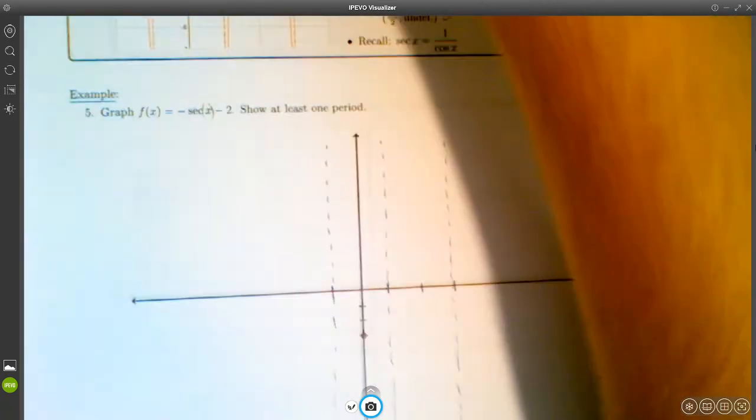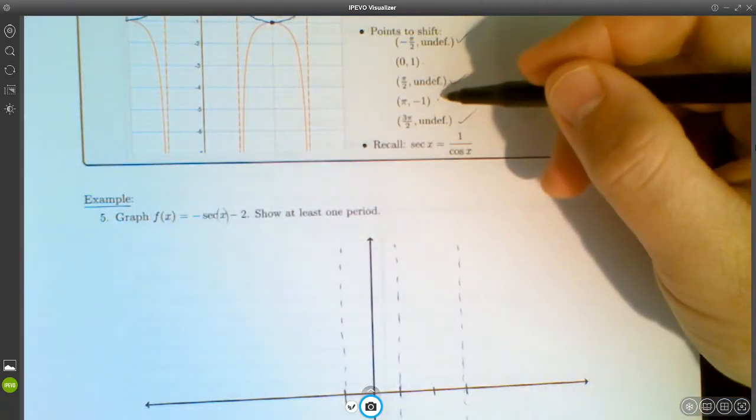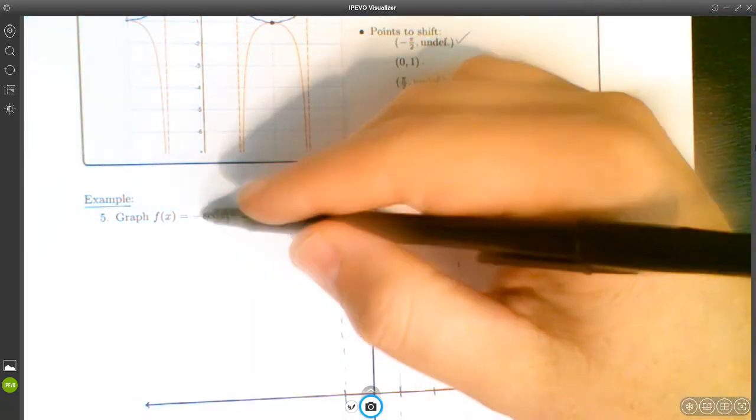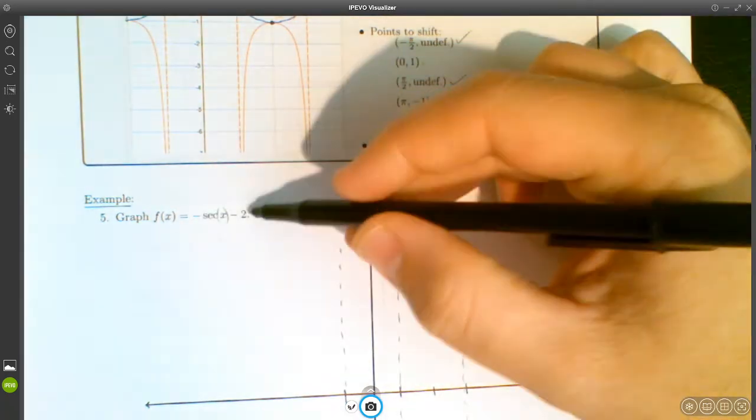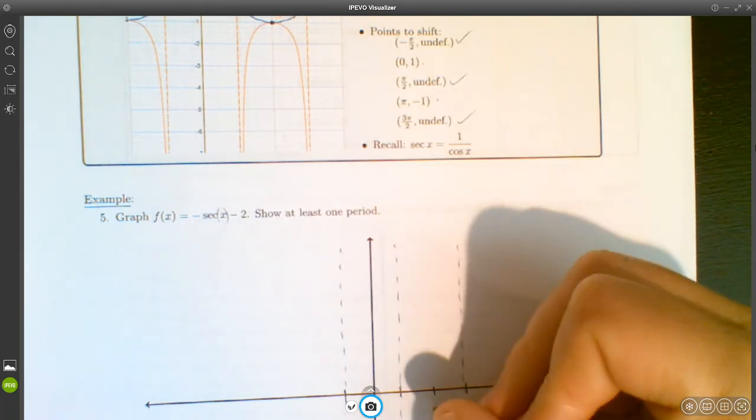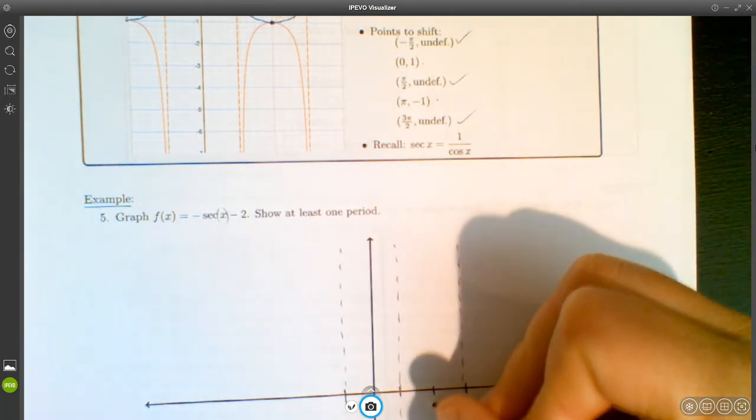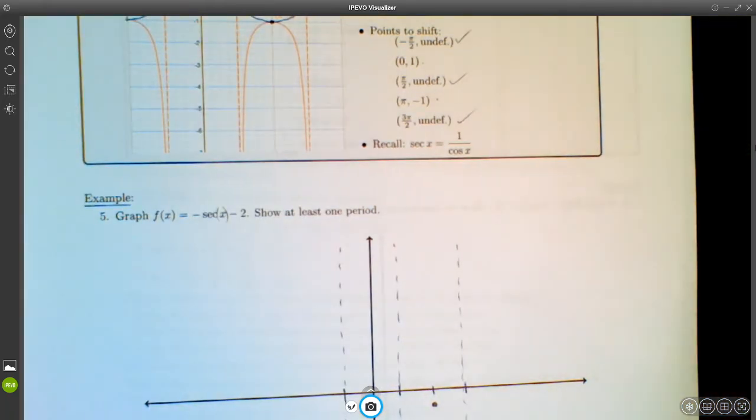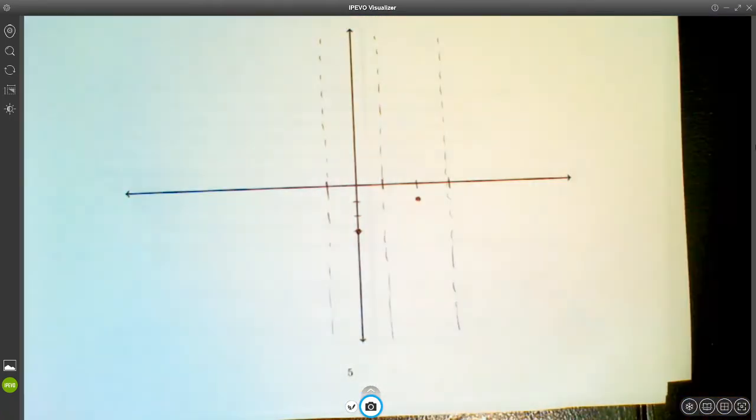And then for pi, -1, multiplying by -1, I get +1. And then subtracting 2, I get -1. Okay, so this is the scenario that I'm left with.